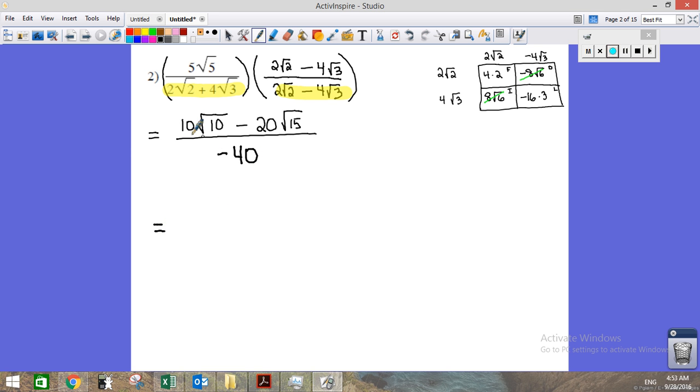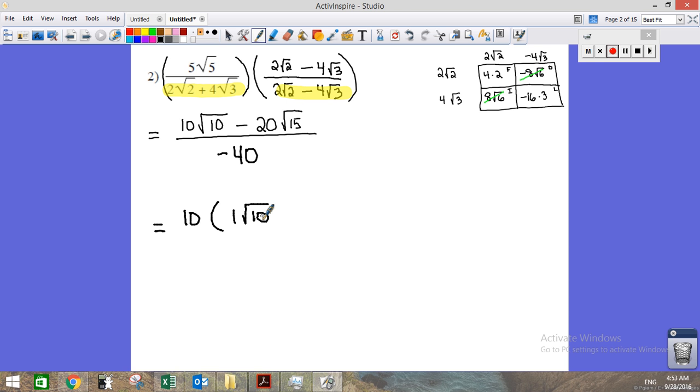What I can do is look in the numerator and say, well, these two terms, what do they have in common? I'm going to factor it. Well, they have a 10 here, and 20 is 2 times 10. So when I factor out a 10, I have 10 times 1 is 10.